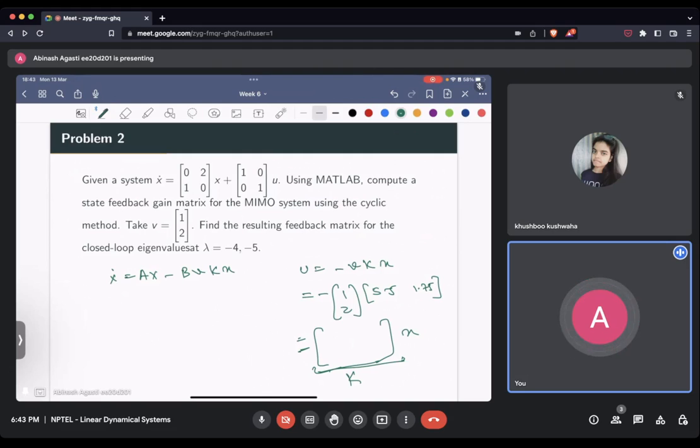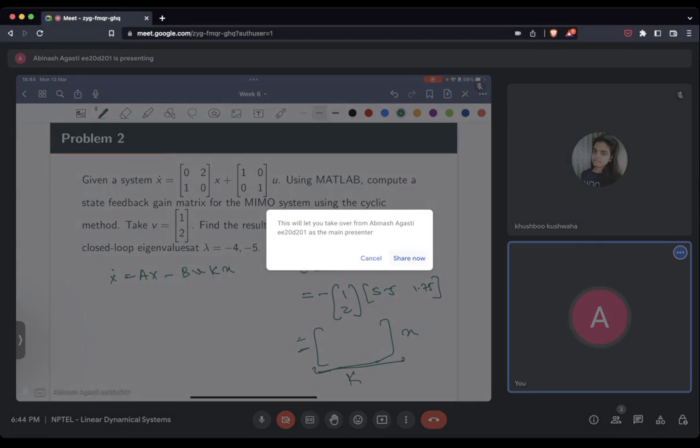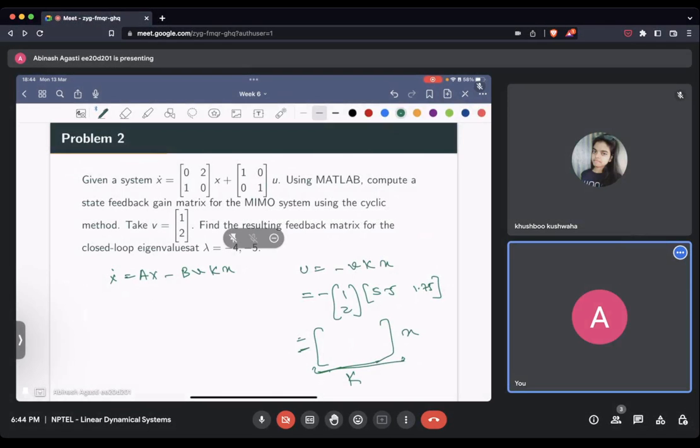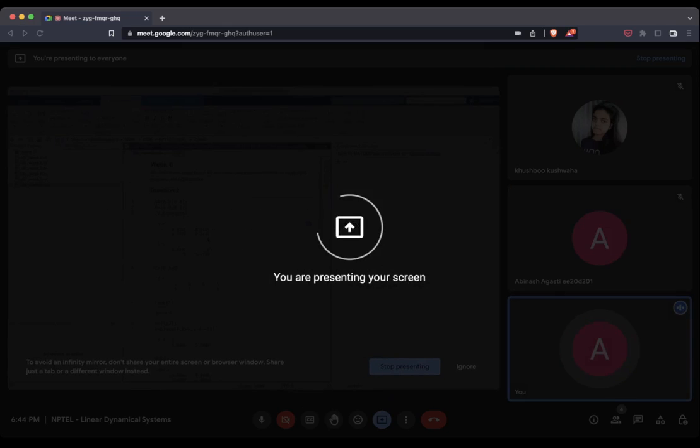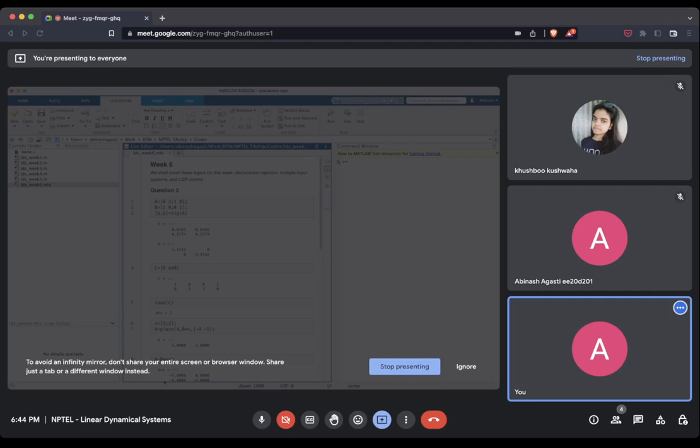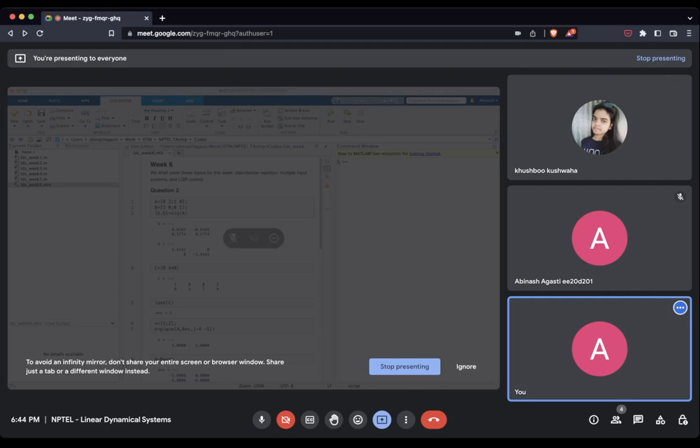So this is how we neatly change the multiple input back to single input. Then just a little trickery and we get the feedback matrix for the multi-input system. Now let us do this in MATLAB. Yeah, my screen is visible to you. Yes, sir.